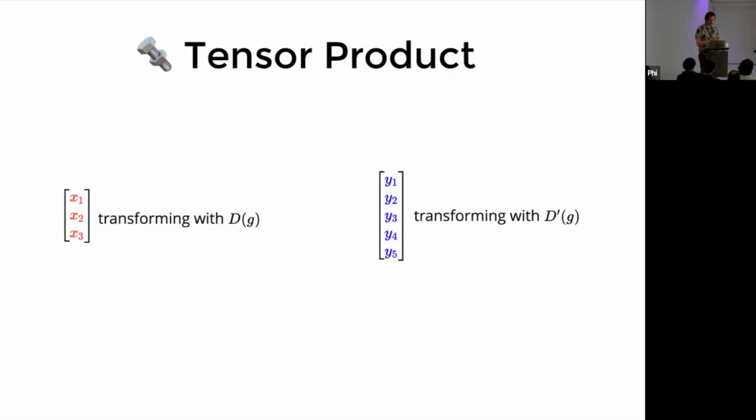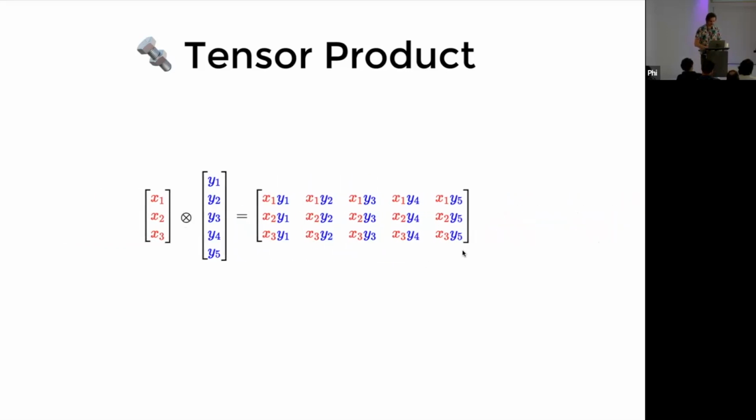Okay, now comes the most interesting and the most difficult basic mathematical tool we need. It's called the tensor product. It tells you how to multiply two equivariant quantities to create another quantity that is still equivariant. In its simplest form, the tensor product looks like this.